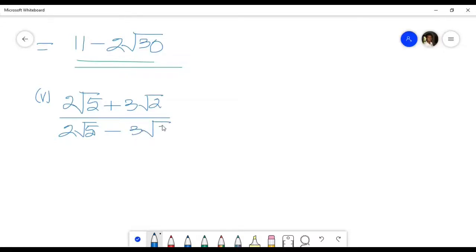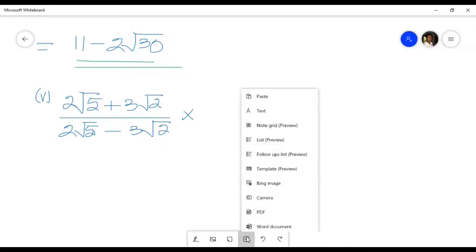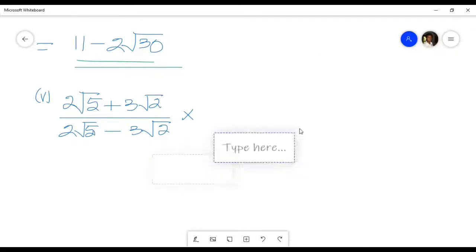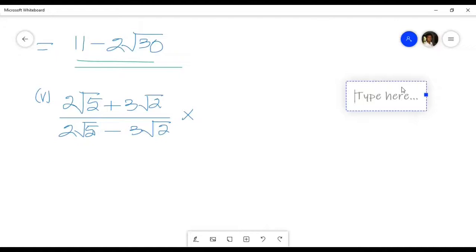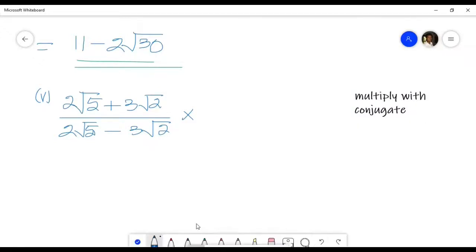We will multiply it with the conjugate of the denominator. And the conjugate of the denominator here will be 2 root 5 plus 3 root 2. That's what the conjugate of the denominator of this fraction will be. So we'll be multiplying this fraction with the conjugate.